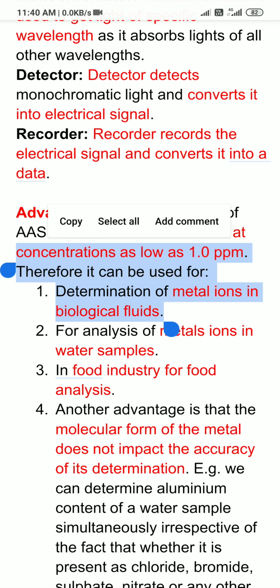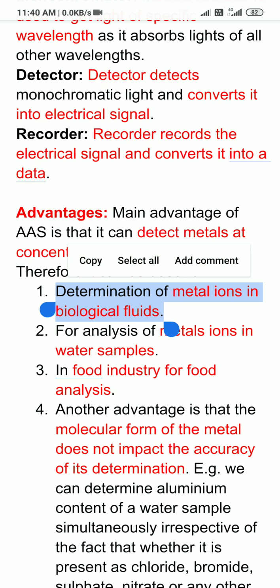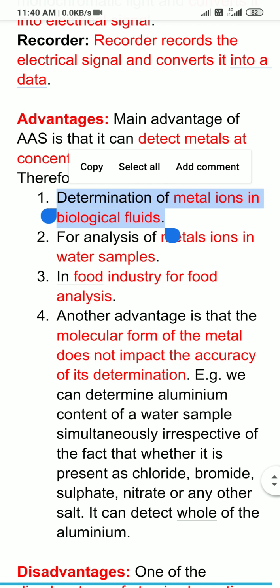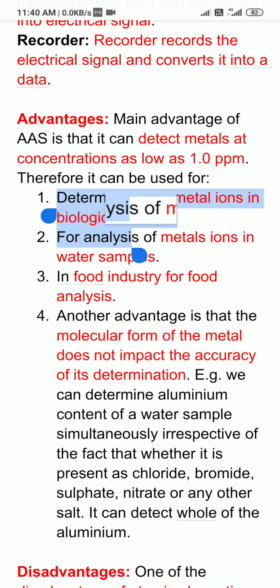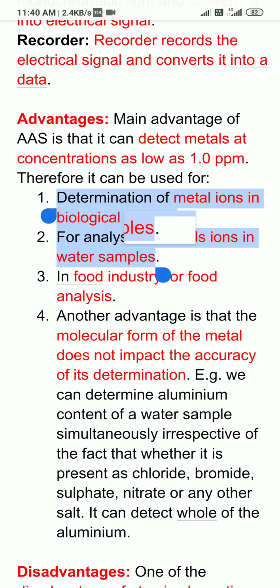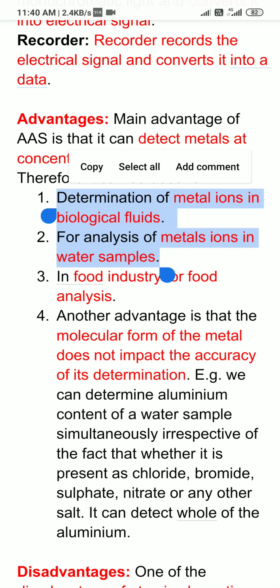For example, in medical field, it can be used for analysis of different metal ions in body fluids like blood and also urine, etc. And it can also be used for analysis of metal ions in water samples, as water contamination nowadays is major problem.